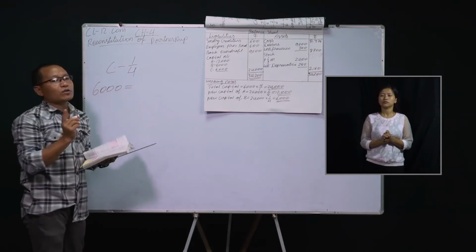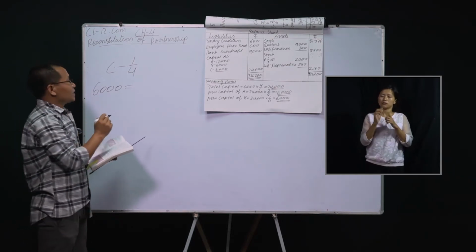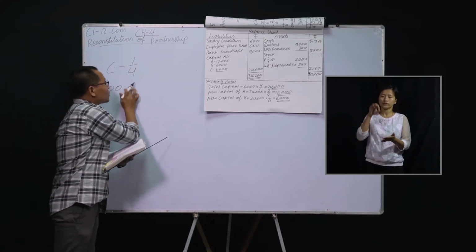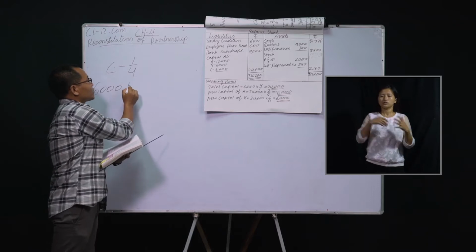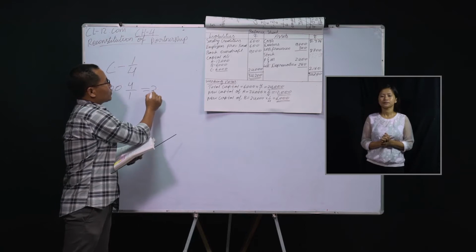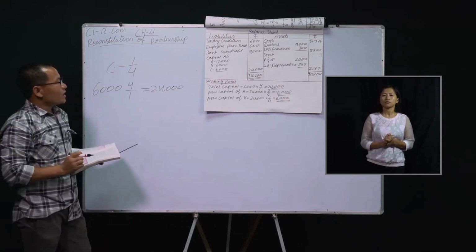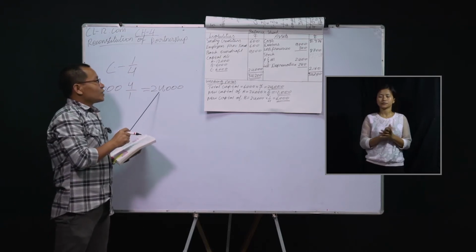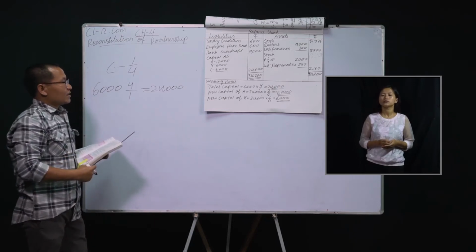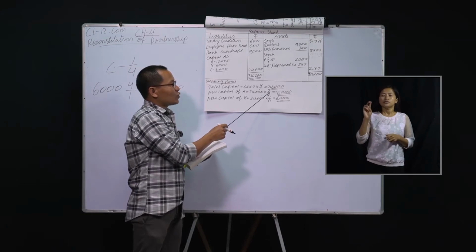So we will have to find out how much the aggregate capital amount should be. Since he brings in 6,000, we will have to find the total capital of all the partners, that is 4/1. So it comes to 24,000. So this 24,000 has to be distributed in their new profit sharing ratio between A, B and C. So A got 24,000 into his new share is 2/4.